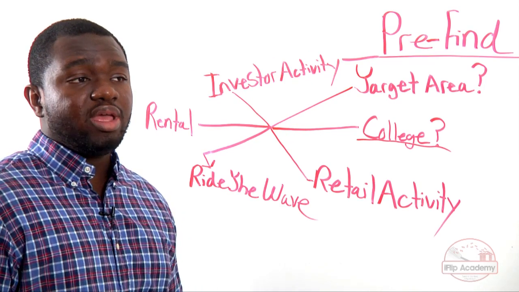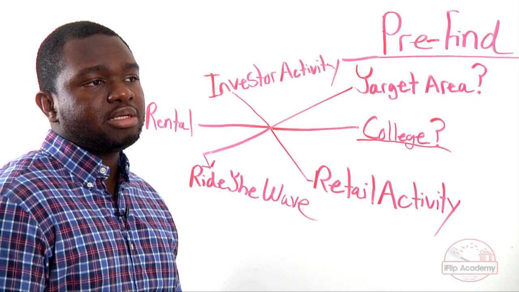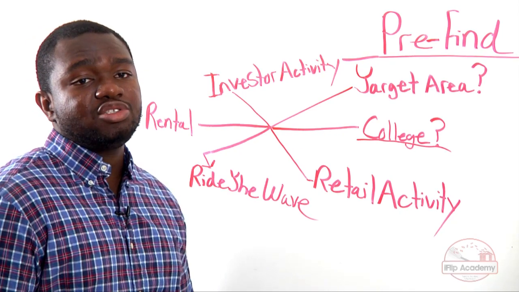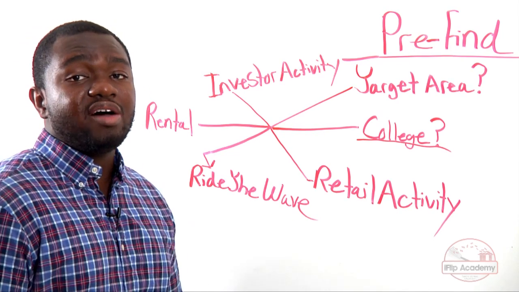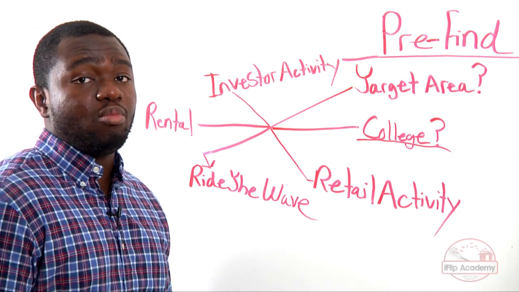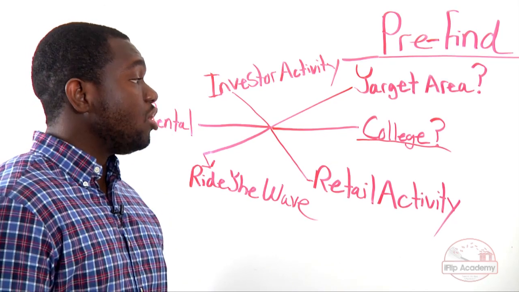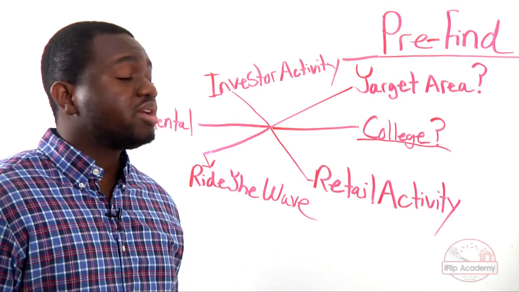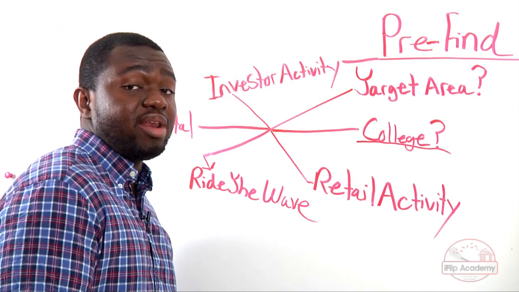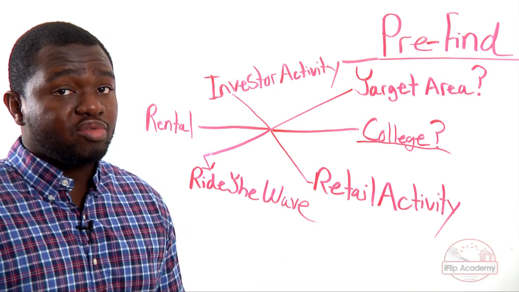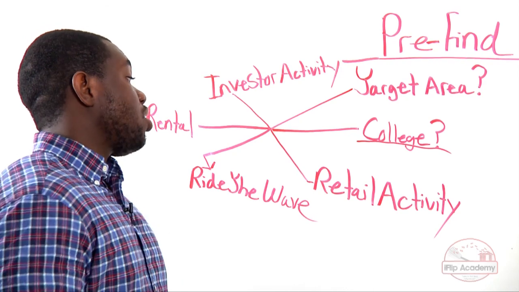For example, in the Temple University market, it's not far-fetched to be grossing $2,500, $3,000 worth of rental income on just one single family property. So with college, you want to look at your college areas. Do investors like these areas? Are they already there? What are my goals? Am I trying to wholesale properties? Am I trying to buy and hold?